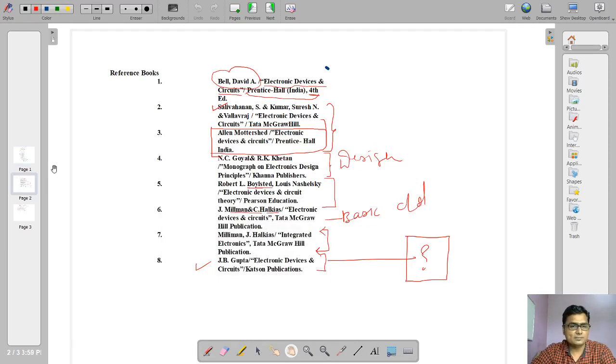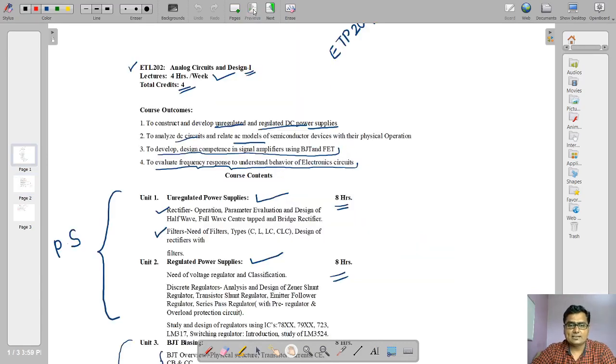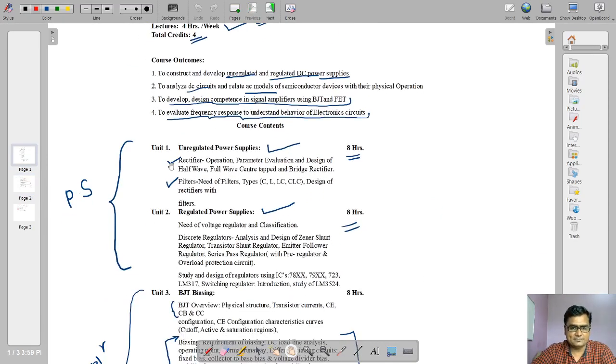The unregulated power supply includes the rectifiers and the filters. Now the rectifier is a circuit which converts AC waveform into DC, or AC voltage into DC voltage.